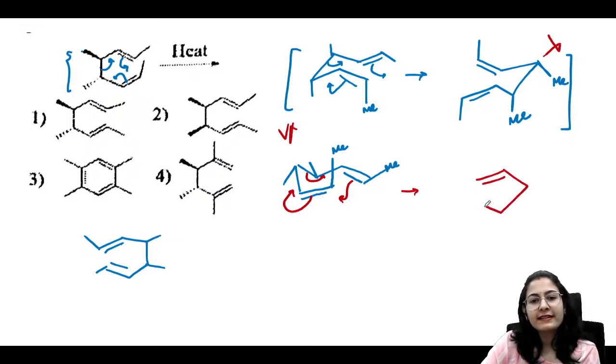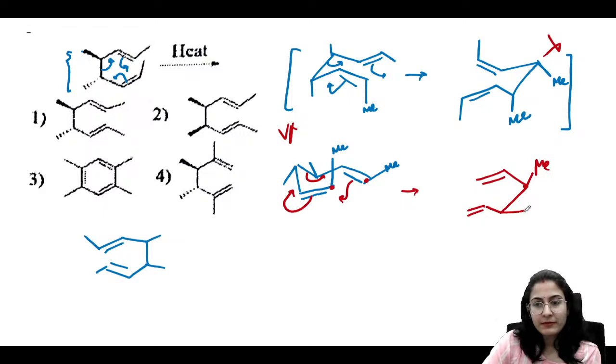अगर पूरा exact same भी नहीं आ रहा हो तो भी कोई problem नहीं है. We just have to be careful about the stereochemistry. This carbon and this carbon is right over here. They have formed a new sigma bond. Both the methyls are on the same side. They are both above. Just be careful. दोनों methyl above हैं.